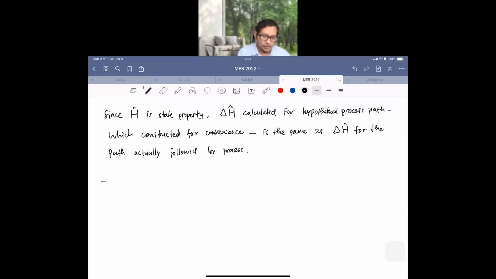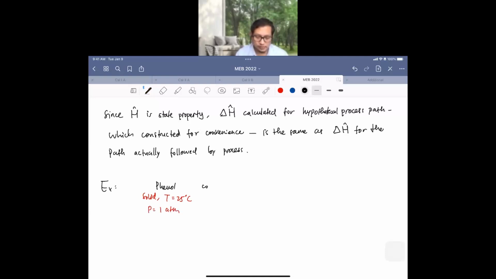Okay, for example, solid phenol, T is 25 degrees Celsius, the pressure is 1 atmosphere.